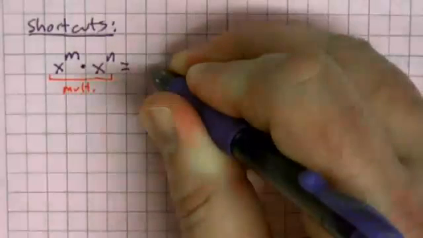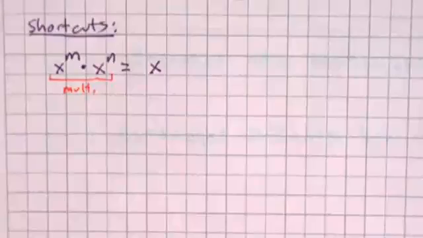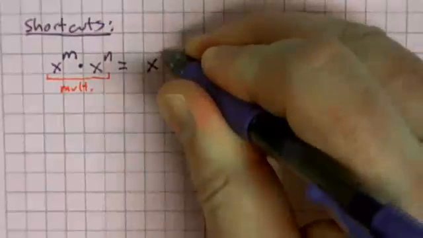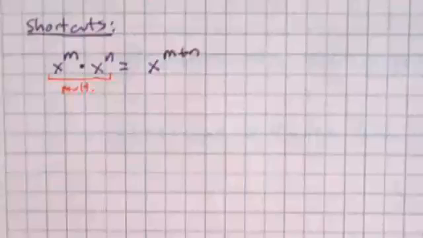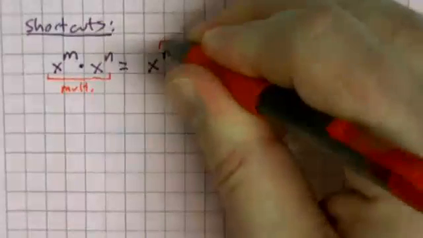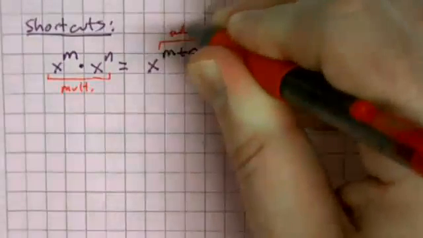When we write our final answer, what are we going to do with those two exponents? We're going to add the two exponents. So this would be x to the m plus n. So when we multiply two things with exponents, the shortcut is to add the two exponents.